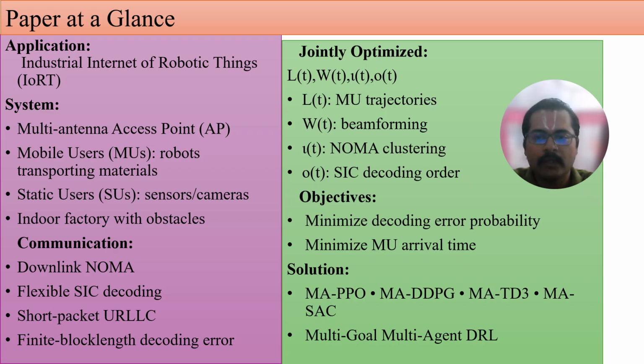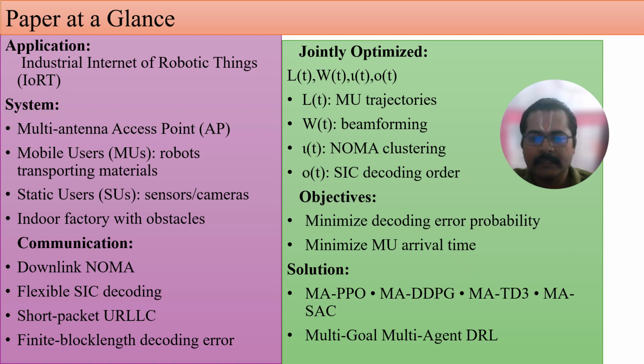These are the four variables. The objective is to minimize the decoding error probability and to minimize the multi-user arrival time from source to destination in the industrial environment.